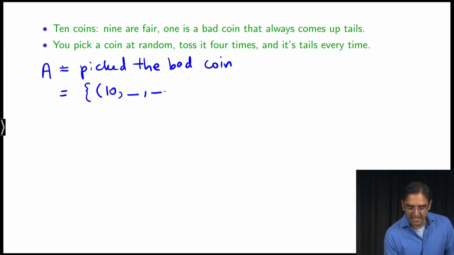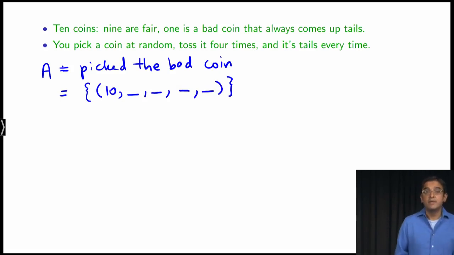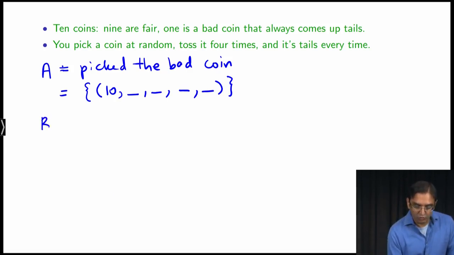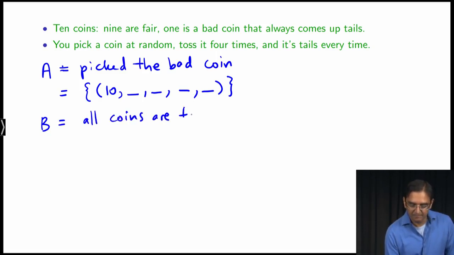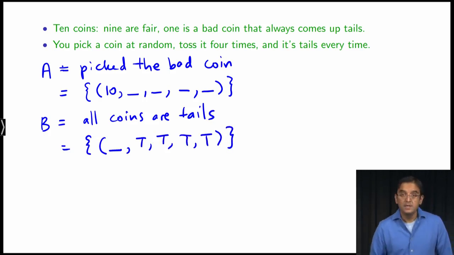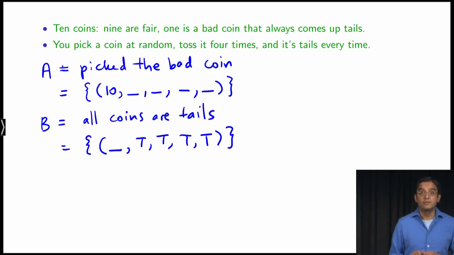And then it doesn't matter what happens afterwards. So this is the event we care about, but it's not what we get to observe. We get to observe a different event which is related. And that's that all the coins come up tails. Okay. And so here, we don't know what the coin number is, but all the outcomes are tails.